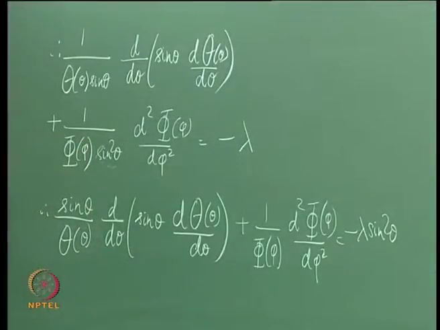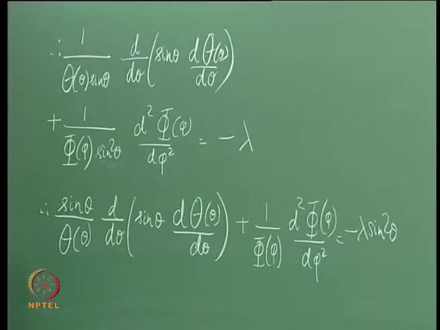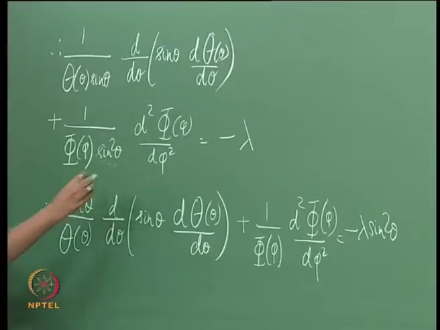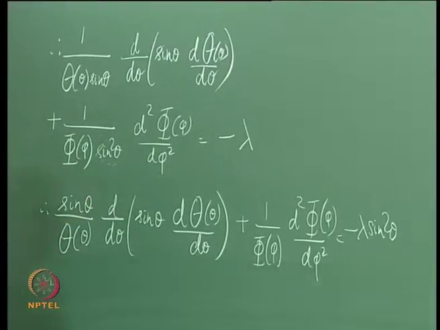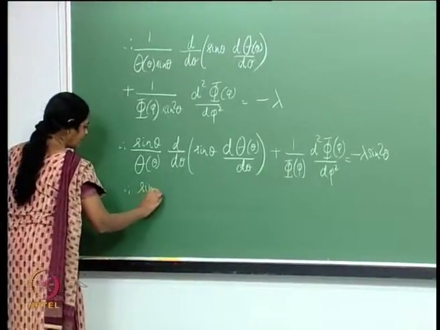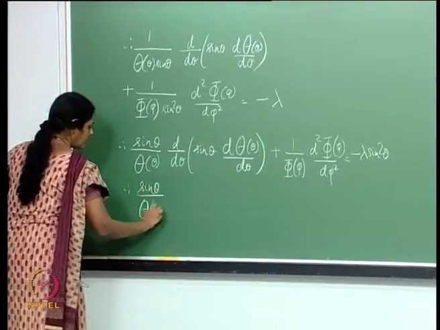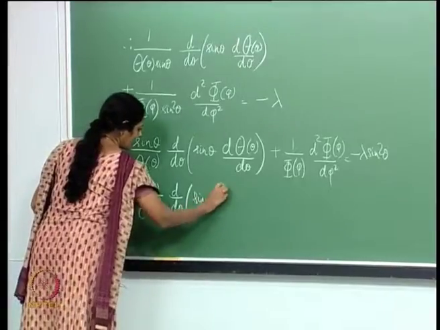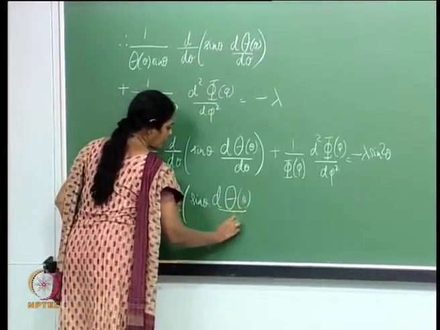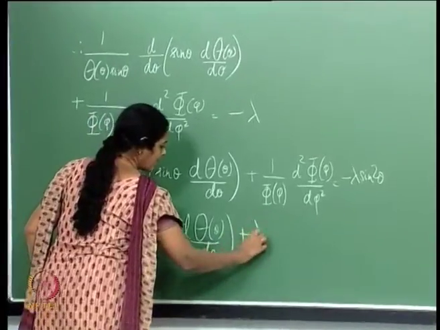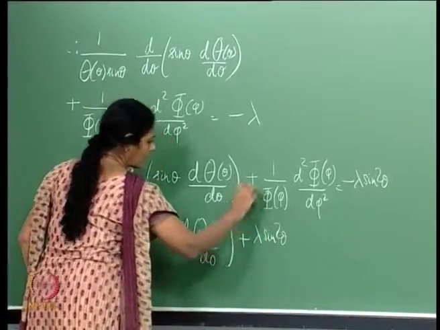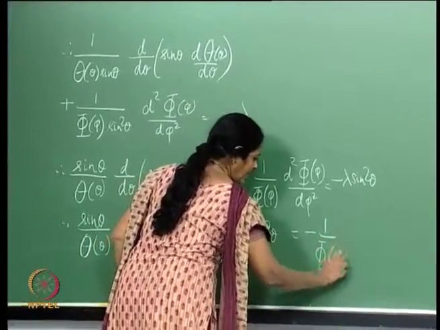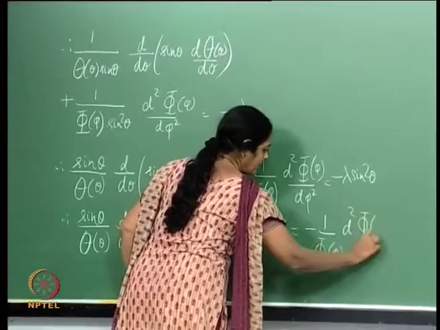That is what I have. I can make this better. I can pull the lambda to this side, and therefore I will have the following equation plus lambda sine squared theta, because I have got it to this side, is minus 1 by phi of phi d2 phi of phi by d phi squared.